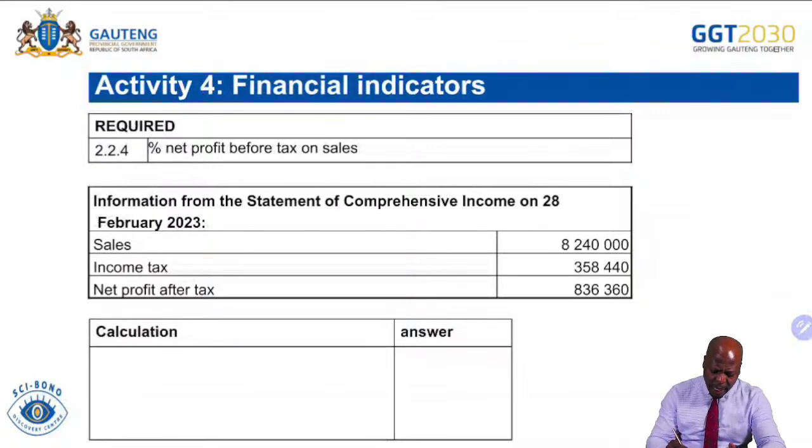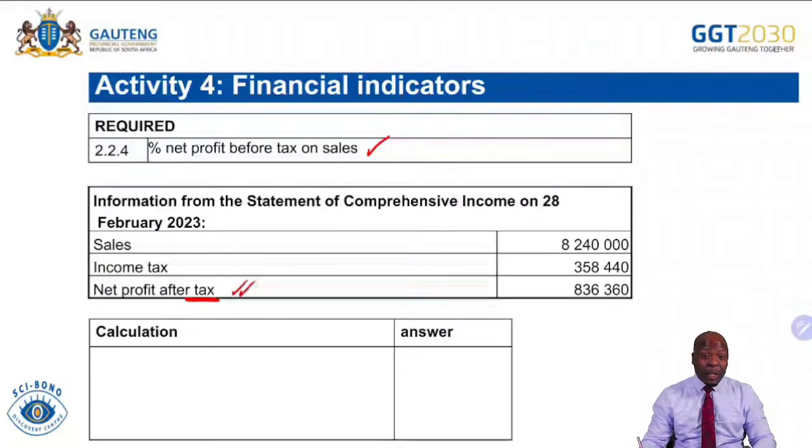Here we are required to calculate the percentage net profit before tax on sales. But here we're given the net profit after tax, and we need to calculate net profit before tax.